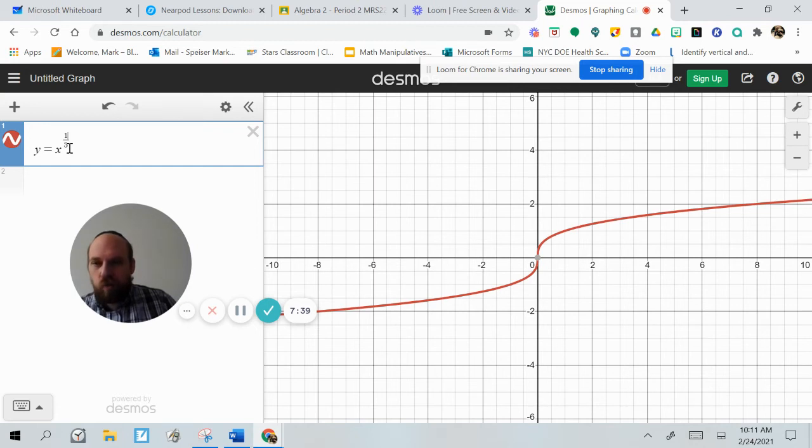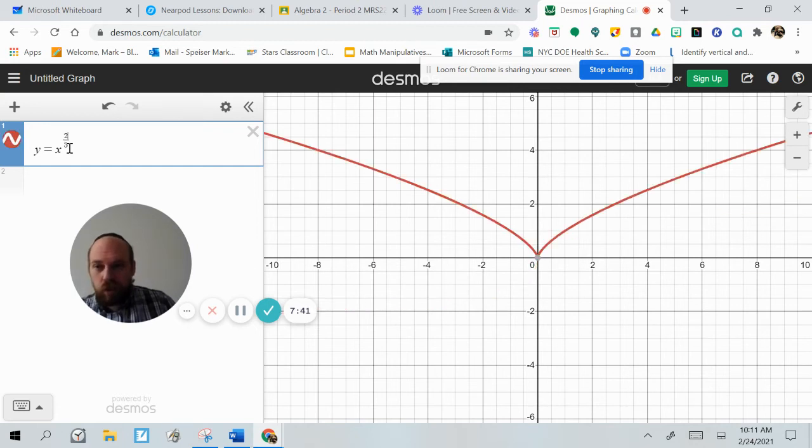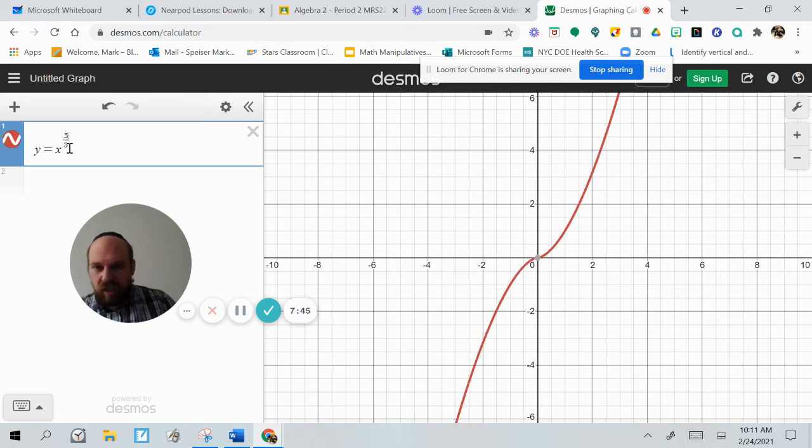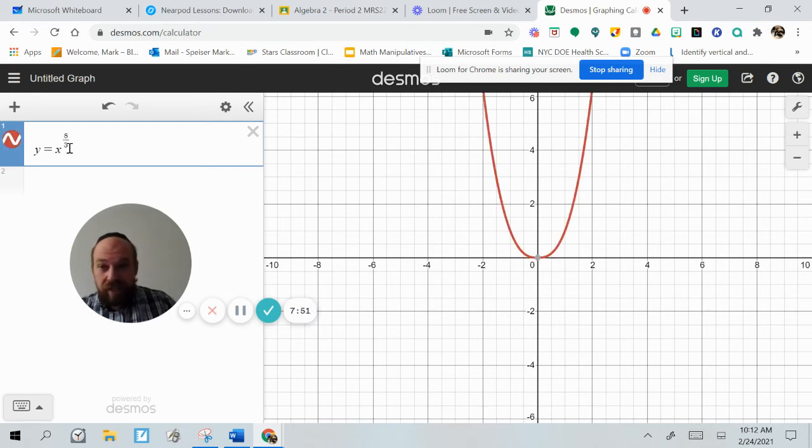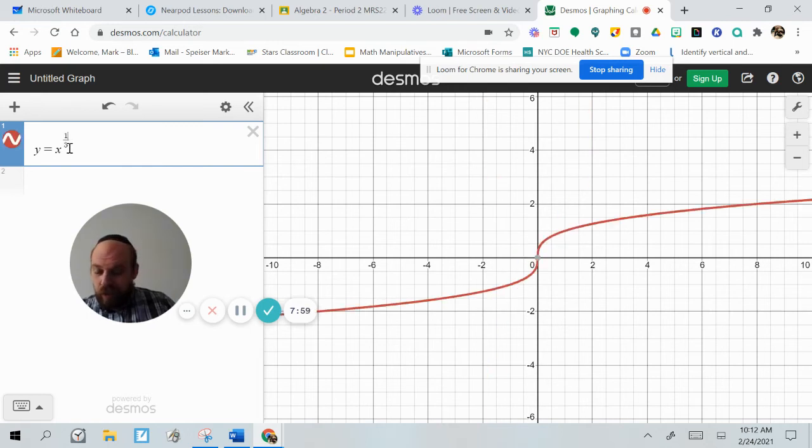Now let's keep the bottom as 3 and just change the numerator: 1, 2, 4, 5, 7. Now if you notice, an odd number has this effect, but an even number becomes parabolic.